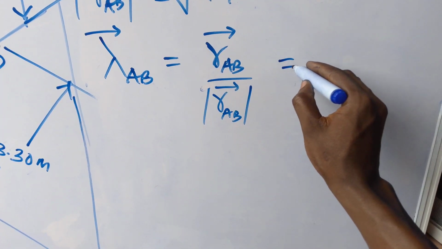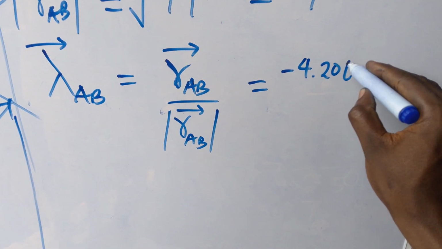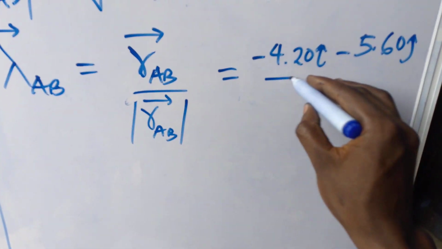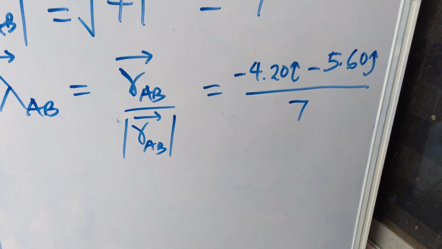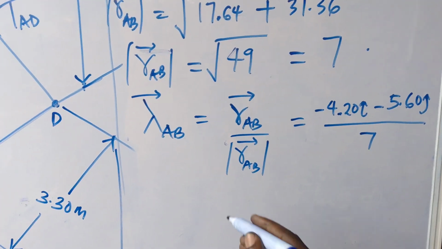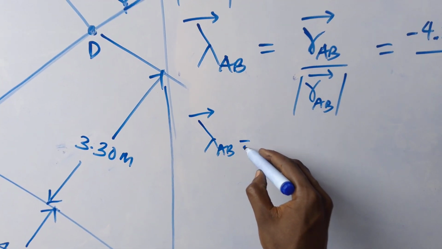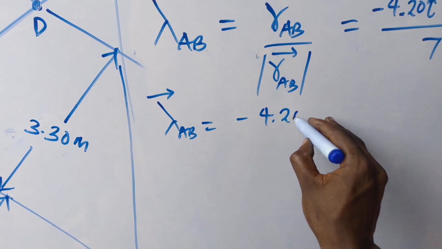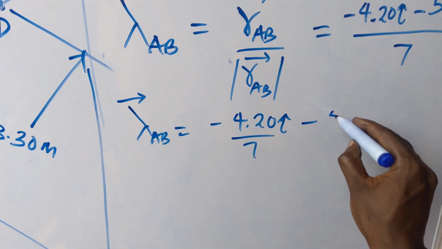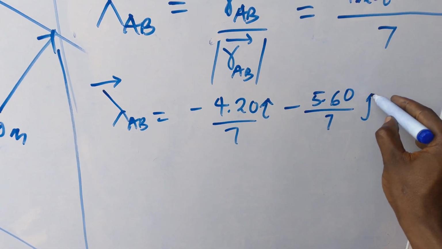This is equal to my position vector, minus 4.20 I minus 5.60 J, divided by 7. If I split this now, I'll have lambda AB equal to minus 4.20 divided by 7 I minus 5.60 divided by 7 J.